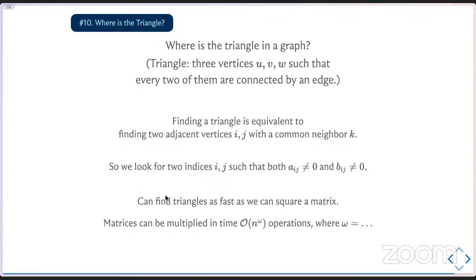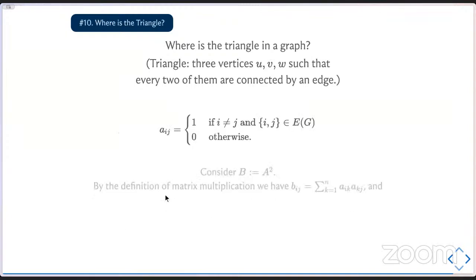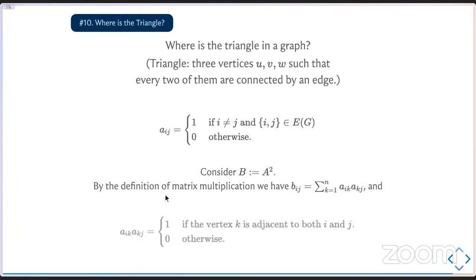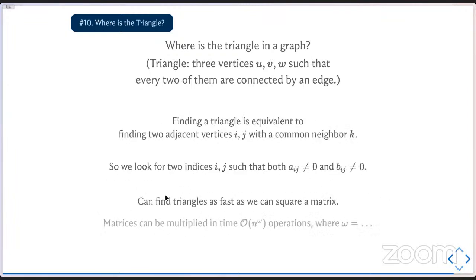So in fact, it's probably a nice exercise to check that if instead of taking the square of the adjacency matrix, you did A raised to k instead, then you capture the number of these longer walks between i and j, but they're no longer simple in the sense that these walks could be hopping around and revisiting the same vertices multiple times. So that's food for offline thought, I think, to think about what happens when you have more hops, but that's a perfectly valid way of putting it as well.